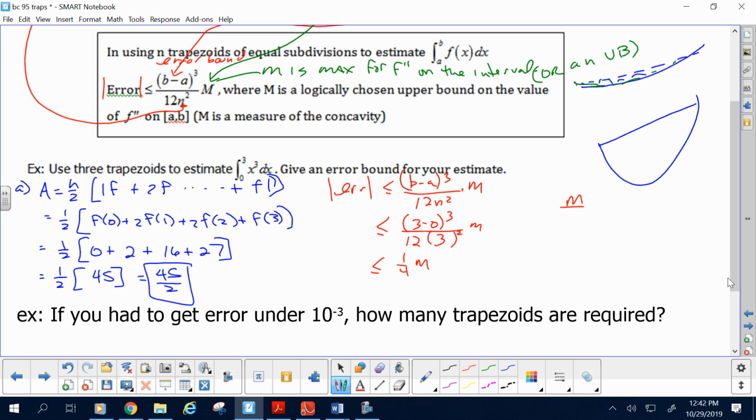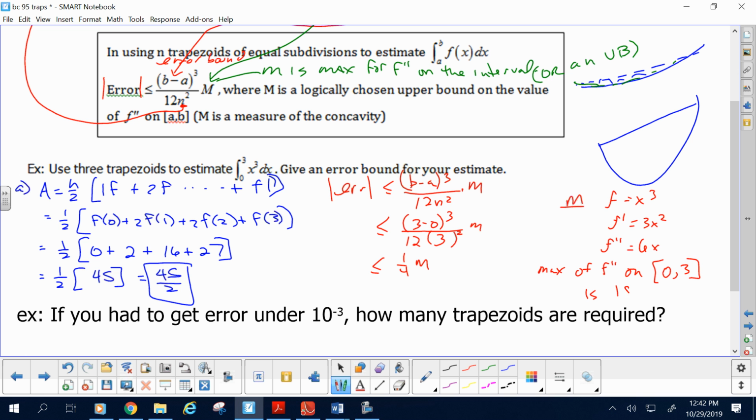So if the function is x cubed, then the first derivative is 3x squared, and the second derivative is 6x, yeah? The max of f double prime on the interval, the greatest rate at which the slopes change, is it going to be at 0, at 3, or at an interior point? 3.